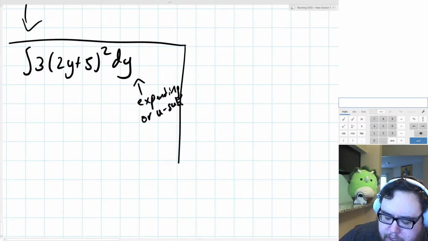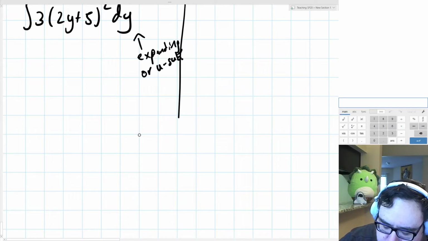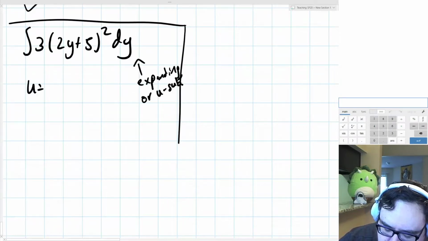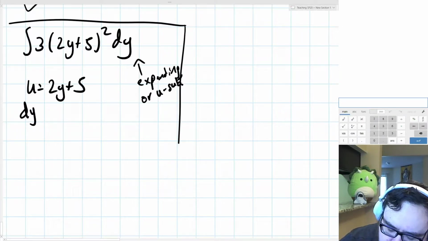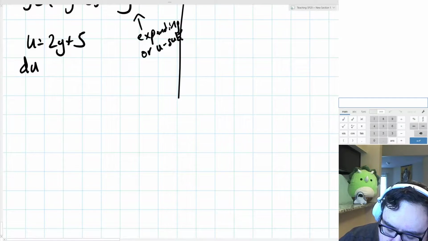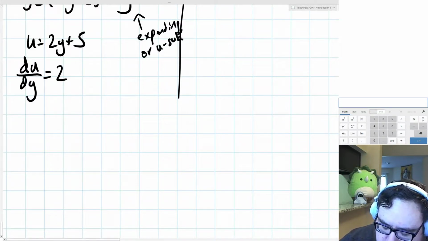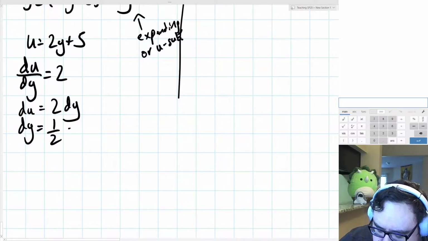In this case, our choice of u that works is u equals 2y plus 5. Then du over dy is equal to 2. So du is equal to 2 dy, which means that dy is equal to 1/2 du.